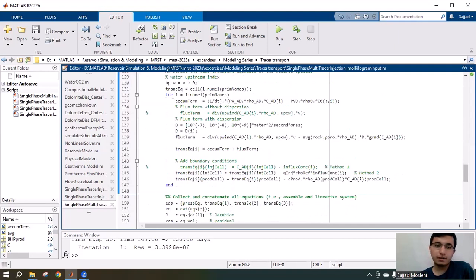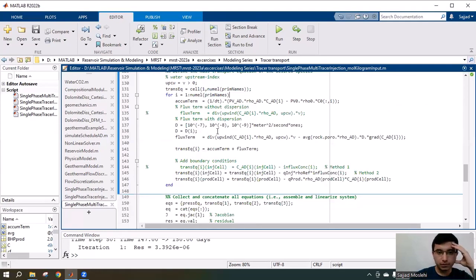And I have used a for loop in order to construct a mass transport equation for each tracer. And because we have 3 tracers, we will have 3 here. All right. Prim names is the name of them.